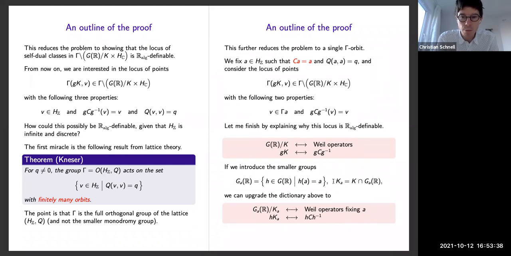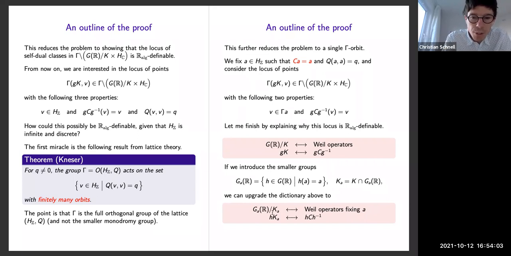And then I also have a corresponding maximal compact subgroup, K_A, and so on. The symmetric space of the smaller subgroup, G_A mod K_A, is naturally a subset of this bigger symmetric space. And the points of that smaller symmetric space correspond to Weil operators that fix A. This is a little calculation I have to do.